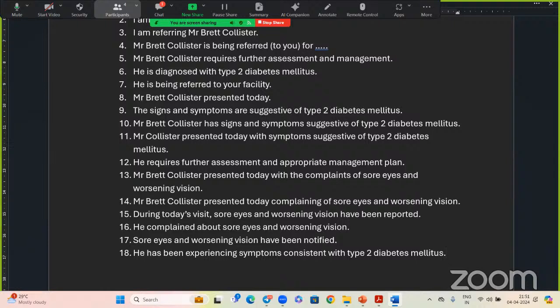This is another sentence. During today's visit, he has been experiencing symptoms consistent with type 2 diabetes. So how you are writing these sentences is very important.